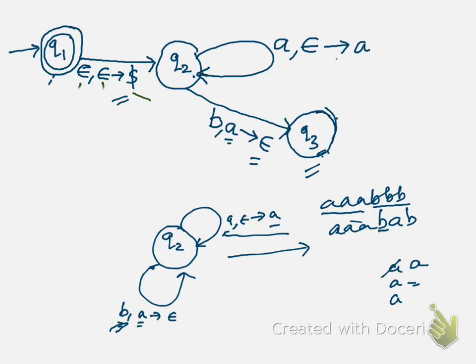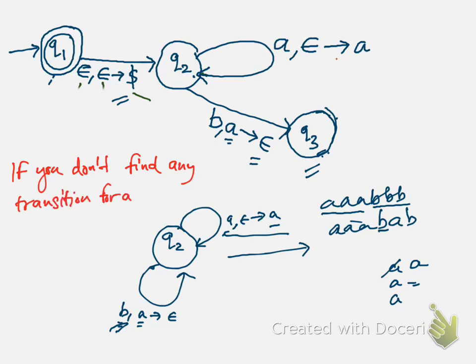So let me just write it down. If you don't find any transition for a given input or a given stack top from a state, this means that you are moving to a dead state.